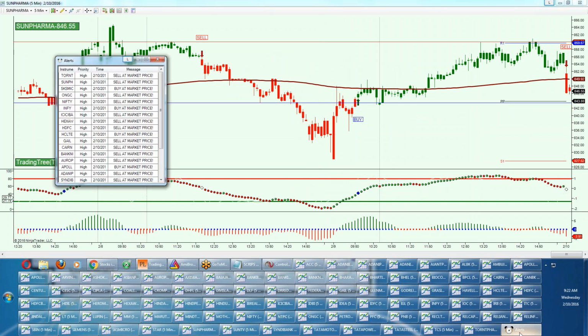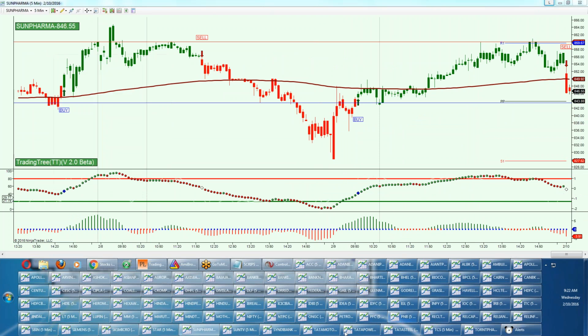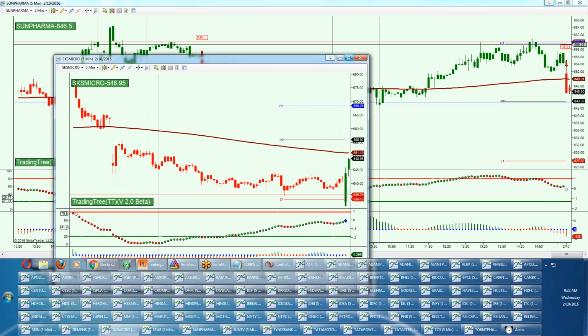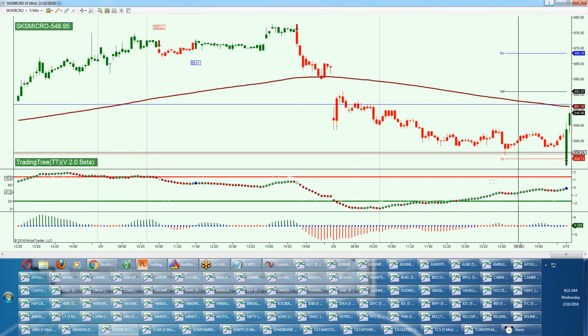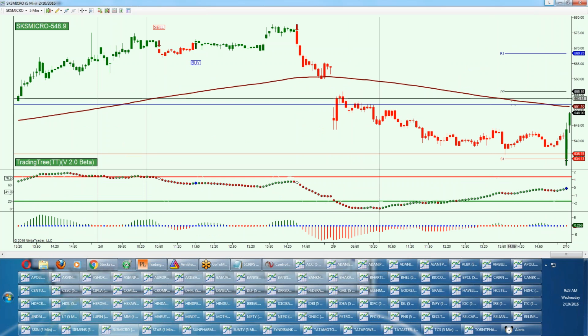You have SKS, ONGC, Nifty. SKS, this is a very strong resistance. So let's buy above this. So I can just check the prices.